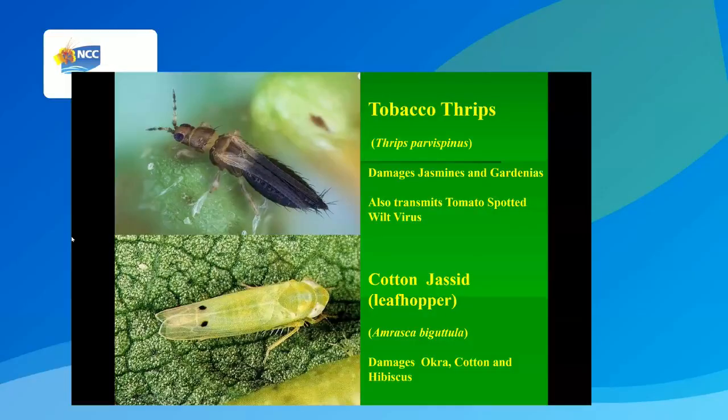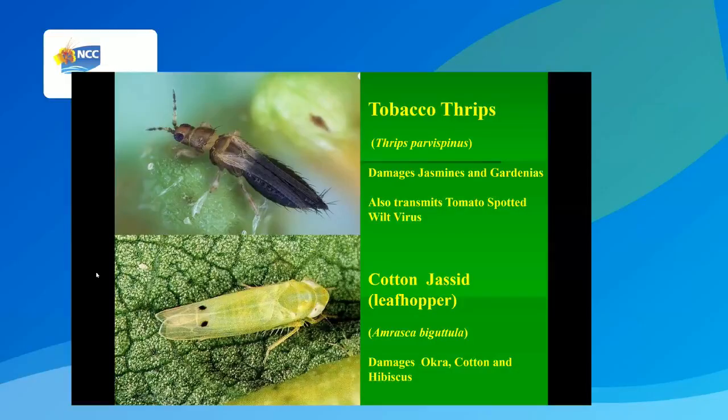And I've seen examples at various households where the infestation has led to almost all of the leaves on your jasmine and gardenias dropping off completely, and you end up with a lot of sticks and dead plants. So it's a serious pest. And it can also transmit a not welcome virus called the tomato spotted wilt virus, which can do further damage.